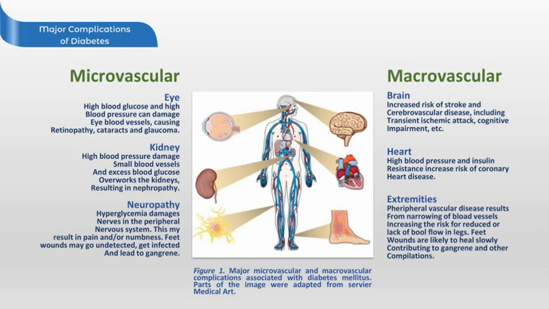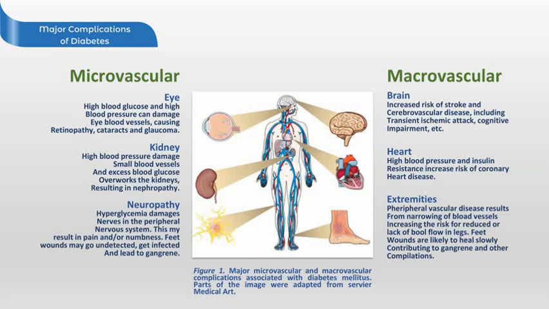High blood pressure will damage the small blood vessels and the excess blood glucose will overwork the kidney, and it will result in nephropathy. And the hyperglycemia will damage the nerves in the peripheral nervous system, and this may result in pain and or numbness, so the feet wounds may go undetected and will get infected and lead to gangrene.